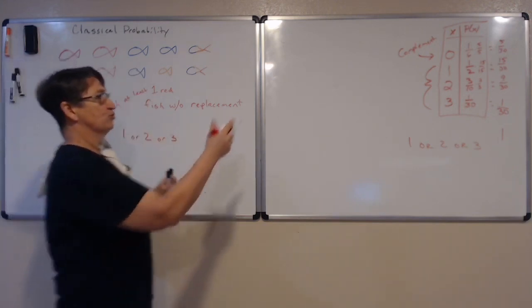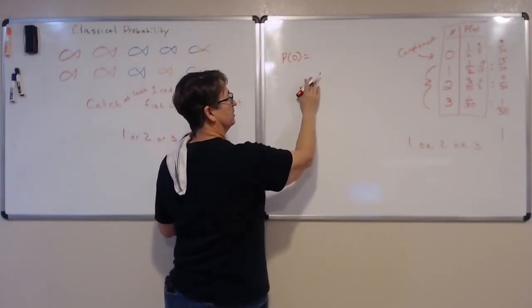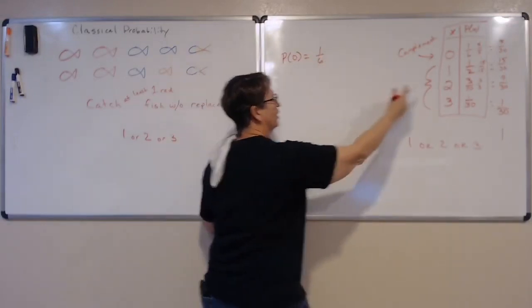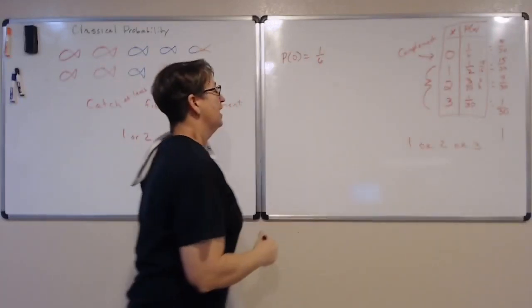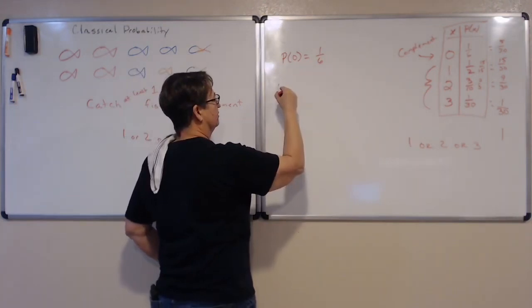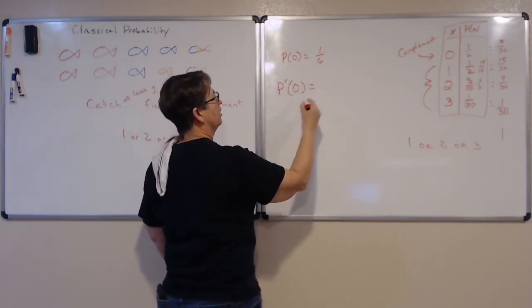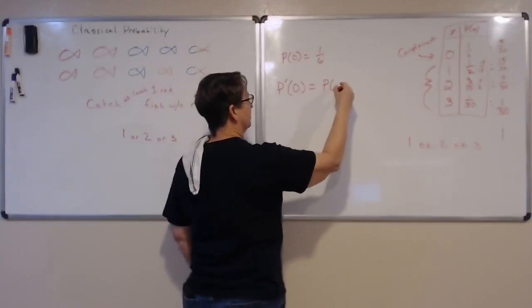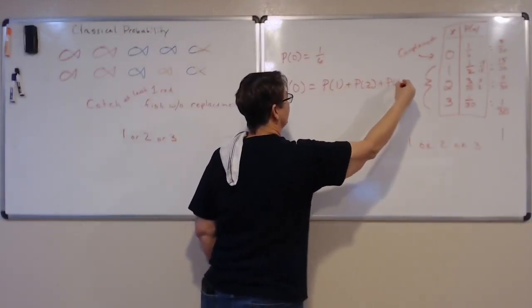And the way we do it is we just find the probability of 0 fish, which is 1/6. We already did that. The probability was 1/6. And we say, okay, the complement of that 0 is equal to the probability of 1 plus the probability of 2 plus the probability of 3.